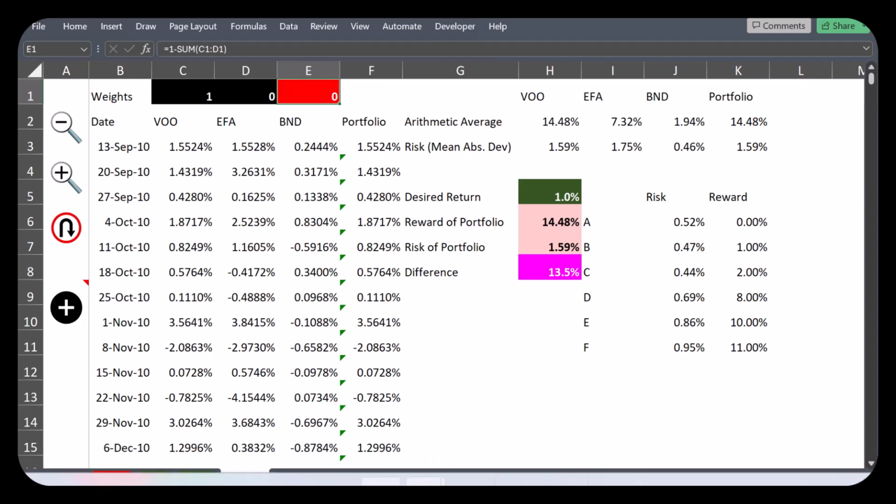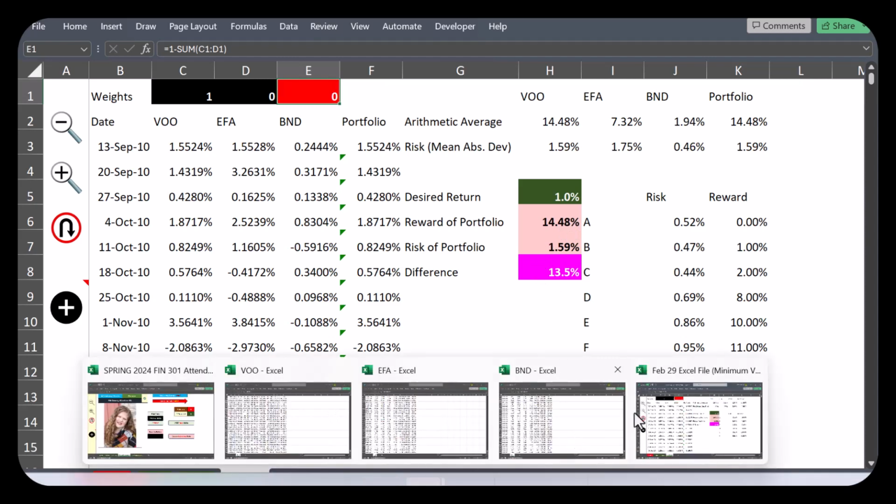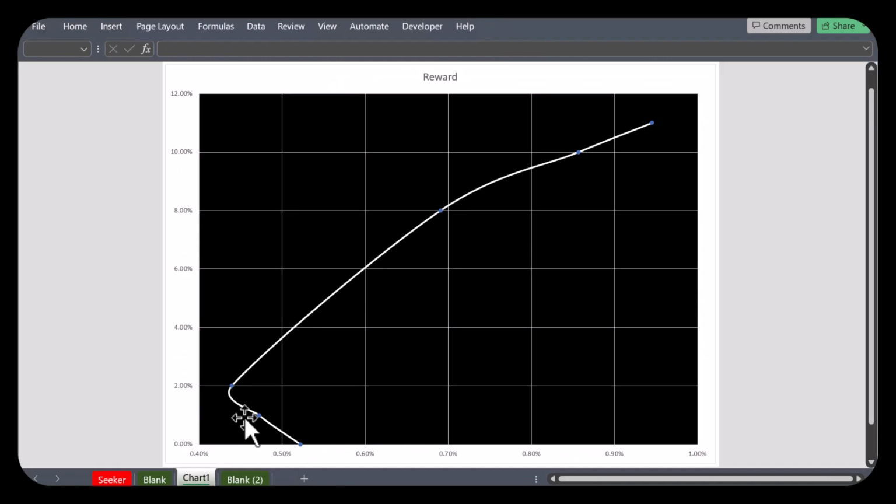I mean, it's not even here. I mean, the other one is not there either, but I could have done it and seen it. So the risk return dot for that would have placed itself inside the efficient frontier. Okay.